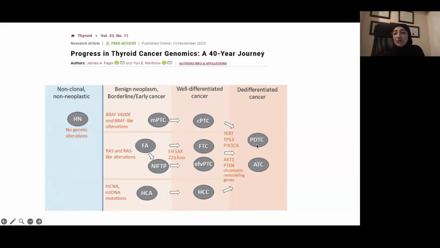For the poorly differentiated thyroid cancer, you do have the TERT mutation being most, and for the anaplastic thyroid cancer, P10 has been noted to be associated with the anaplastic thyroid cancer. So the gene differ if the differentiation and the aggressiveness of the cancer change. That's important when you try to start your systemic therapy and prove what gene and what site you need to take this from.